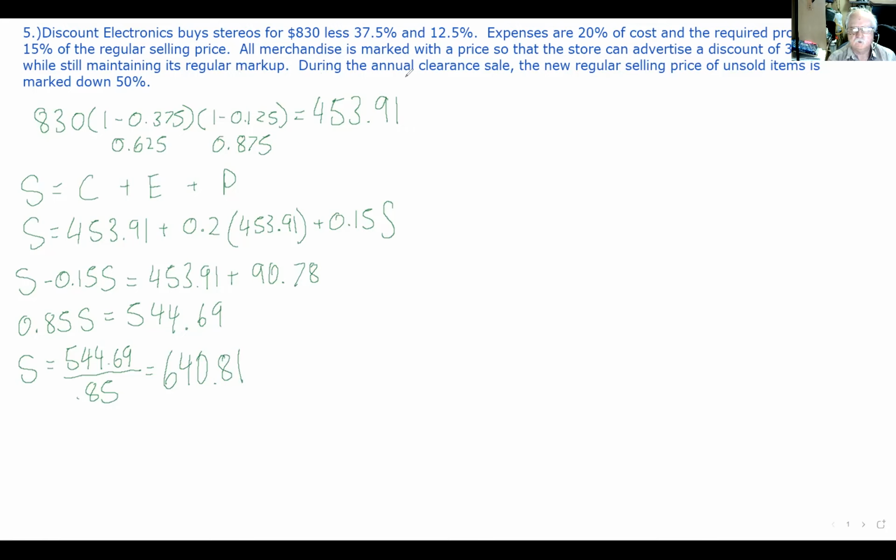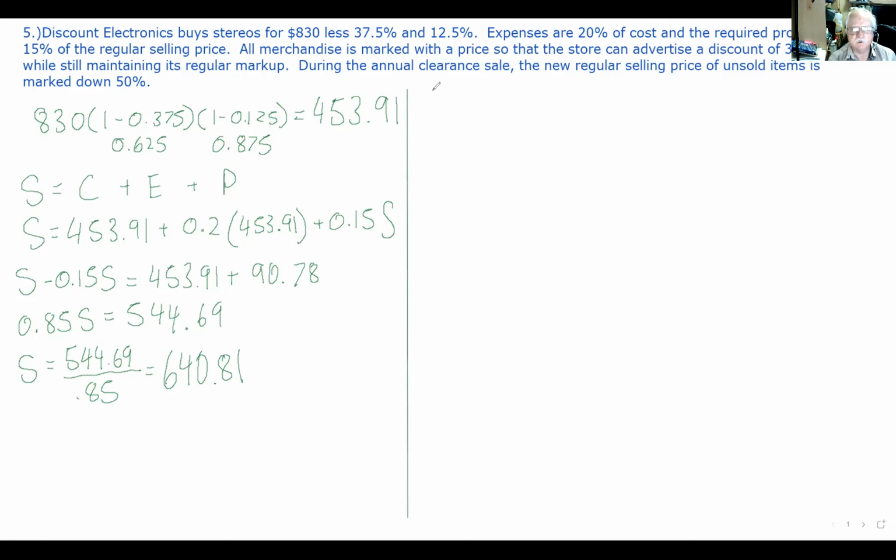All merchandise is marked with a price so that the store can advertise a discount of 30% while still maintaining its regular markup. So again, they have an artificially inflated price. They just never call it that. But we know that's what they're doing.